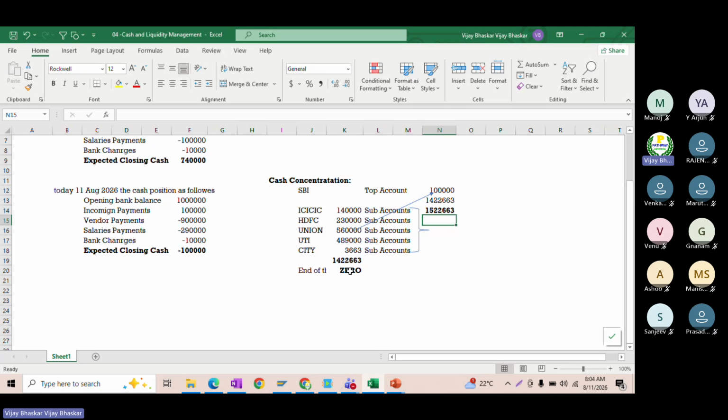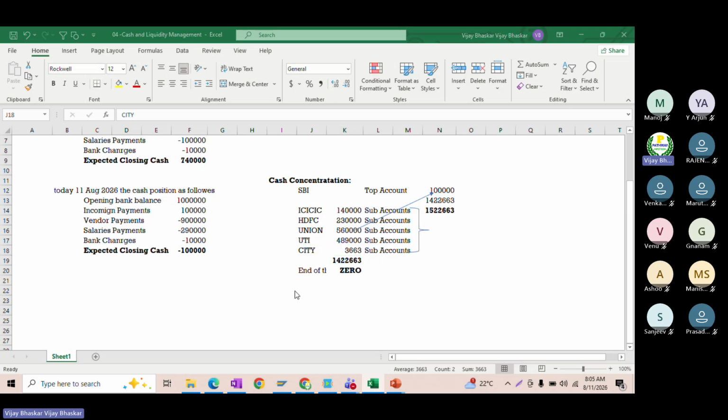But we have a feature in SAP: if the bank balance, let's say in Citibank, is less than 5,000 rupees, the cash concentration process should not consider this bank account for transferring funds. Such scenarios we can also build, and the standard SAP system supports that. During the configuration, I can show you where that needs to be accommodated.